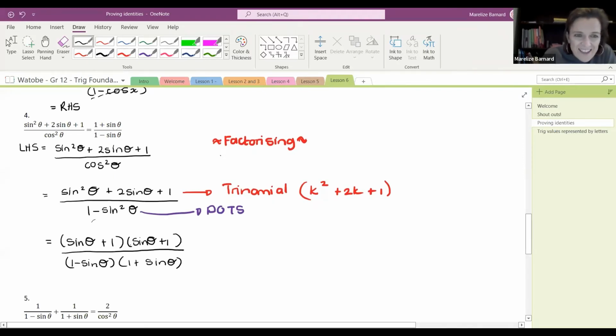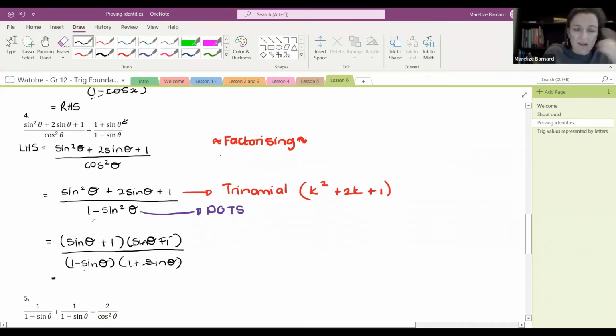Okay, so here is sine theta plus 1 with 1 plus sine theta. Remember, those are the same. Sine theta plus 1 and 1 plus sine theta, that's the same. It doesn't matter that the terms are the other way around. And that leaves us with sine theta plus 1, which is the same as 1 plus sine theta, which is what we need in our answer.